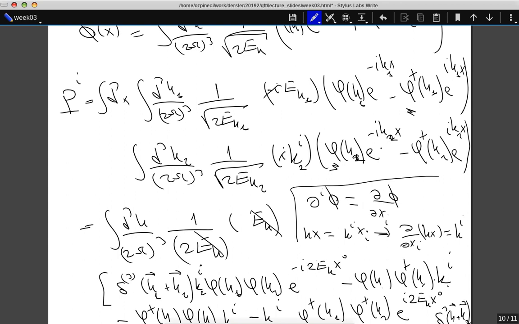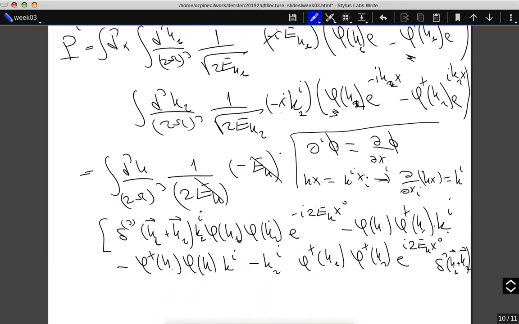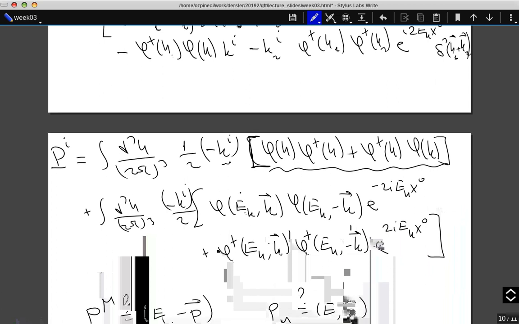I'm taking its derivative with respect to xi. There is this minus I over here. So it doesn't bring an I times ki, it brings a minus I times ki. So that's my minus sign. So here there is actually a minus sign. So here there is a minus sign. Here there are no minus signs.